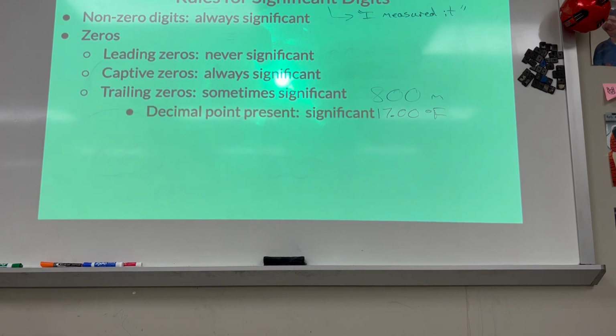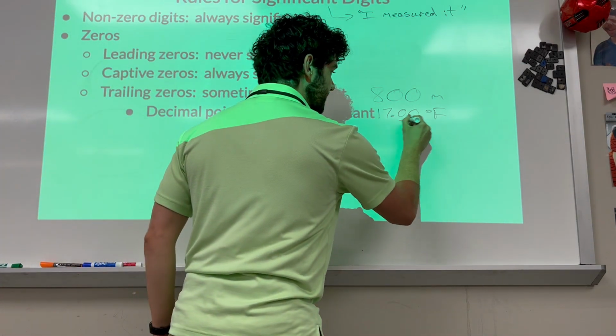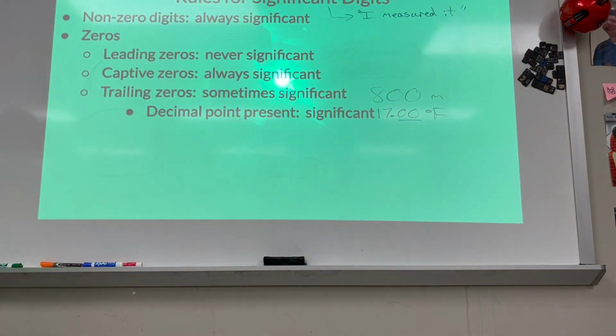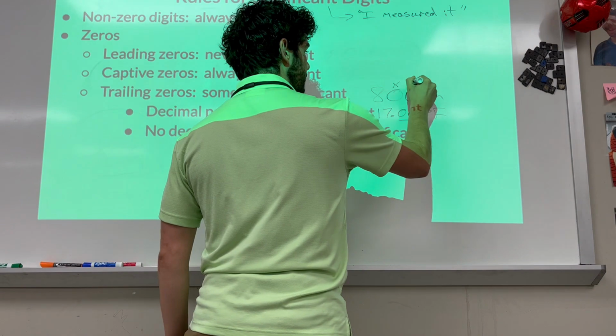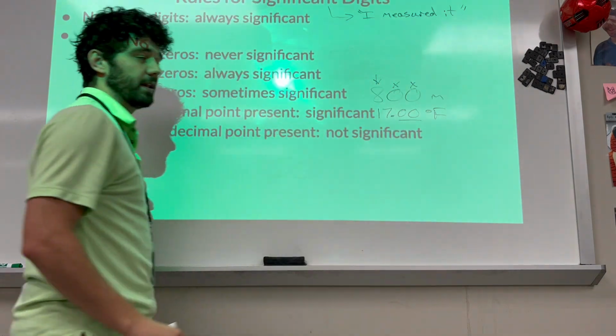If I'm a scientist and I put a decimal point in my measurement, I'm trying to communicate that these zeros are because I had an instrument that could actually measure that. If I don't put a decimal point anywhere, I'm communicating that these were not actually measured. I was measuring to this place value.